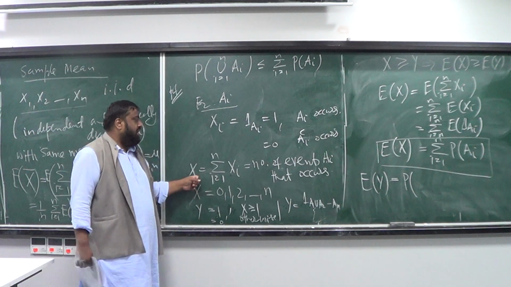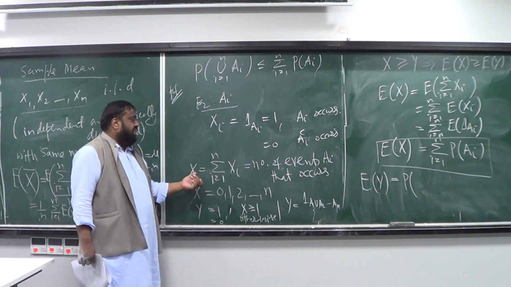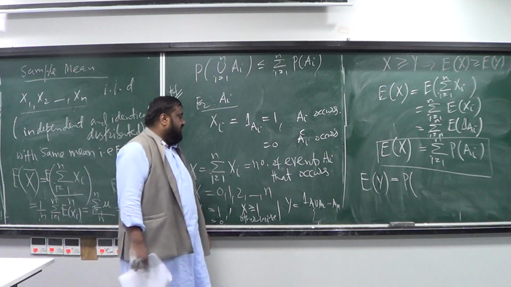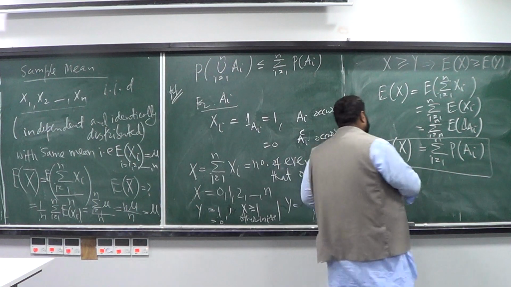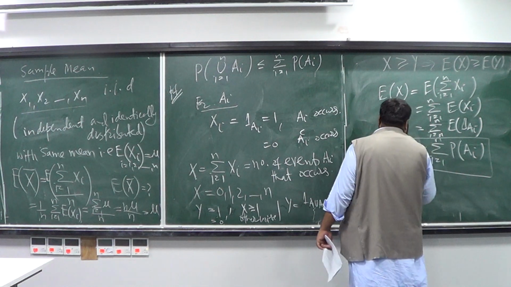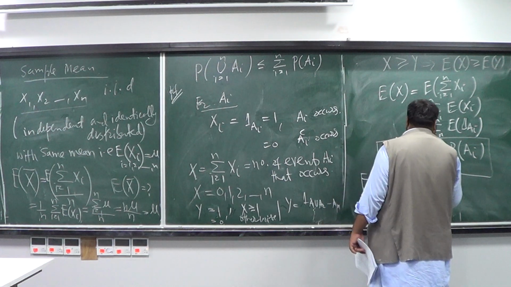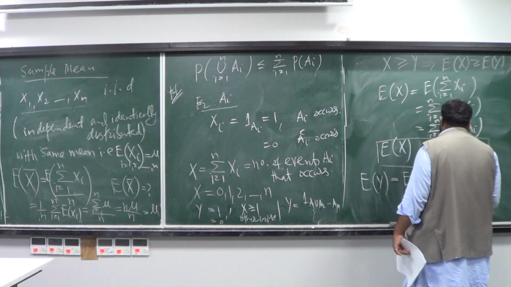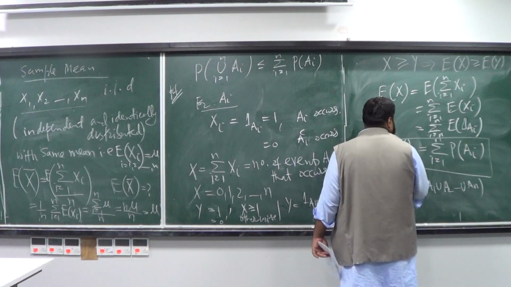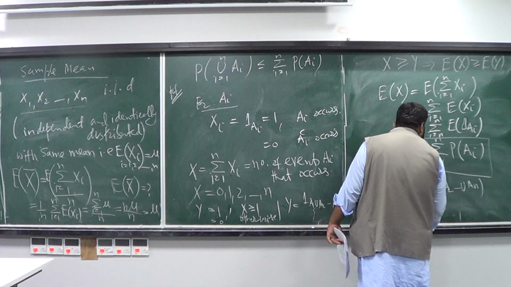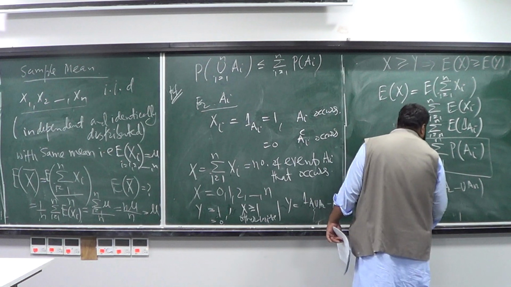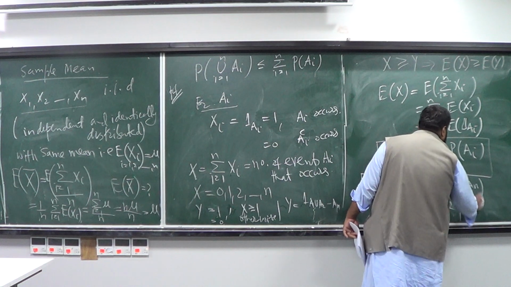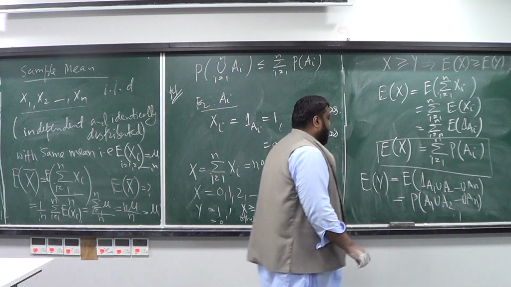X is the number of events Ai that occur. If I say that at least one occurs, this means that X is bigger than or equal to 1. So I can treat the expectation of Y as the expectation of the indicator function of A1 union A2 union ... union An, which is basically the probability of A1 union A2 union ... union An.